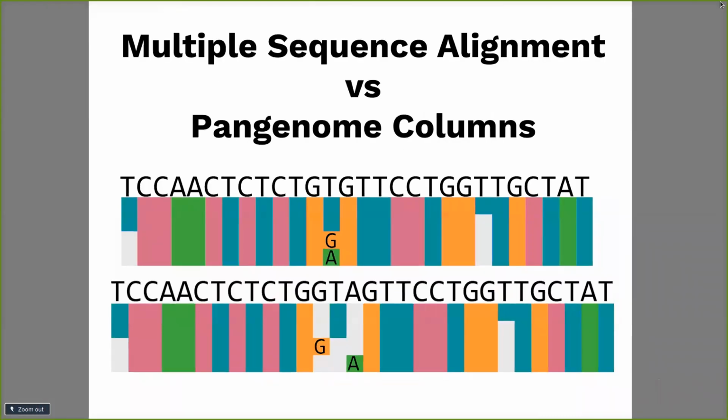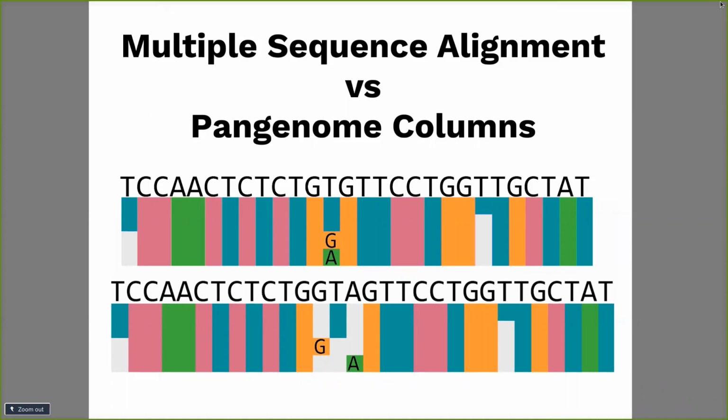In order for you to fully appreciate the potential of Pantograph, I will explain how the Pantograph pangenome visualization is different from a multiple sequence alignment. In a typical multiple sequence alignment, the single nucleotide variants are represented by the presence of different nucleotides in the same column.